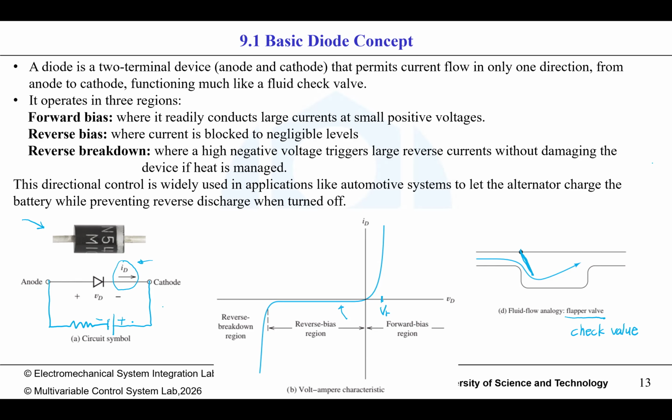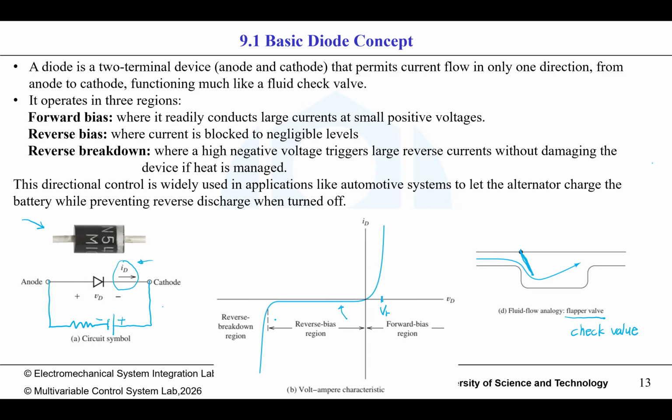If we keep increasing this negative voltage, it reaches the breakdown region. We call this reverse breakdown, where a high negative voltage triggers large reverse currents without damaging the device if heat is managed.